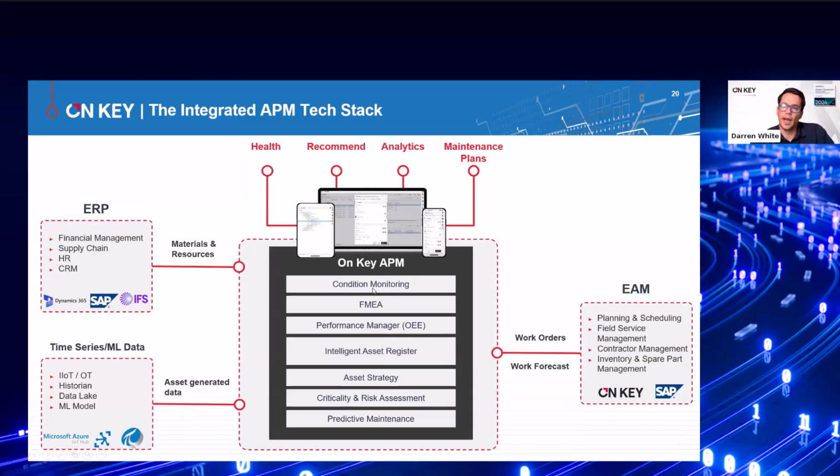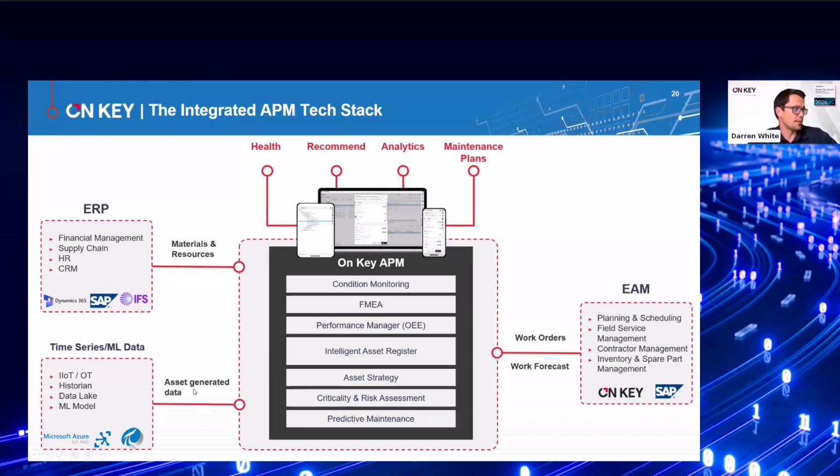Now, for an APM solution, you need to integrate into other data sources to form this clear picture, because you also want to integrate and blend time series data with your asset data to create context. So first of all, you can integrate into your ERP to have a view of your materials and your resources.